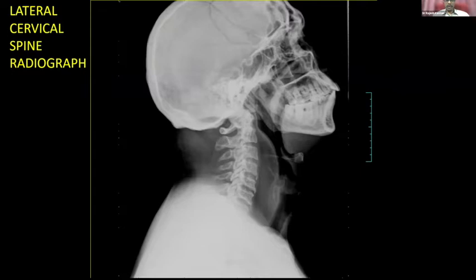Unless you have a collapsed vertebra, with a normal vertebral height, the prevertebral soft tissue can at maximum be the height of the vertebral body. Very important, especially when you are looking at that X-ray, you cannot measure 10 or 20 mm. We need some reference structure to compare it.